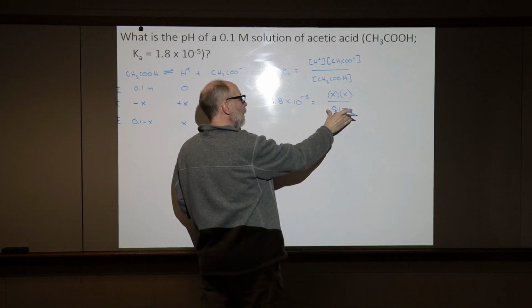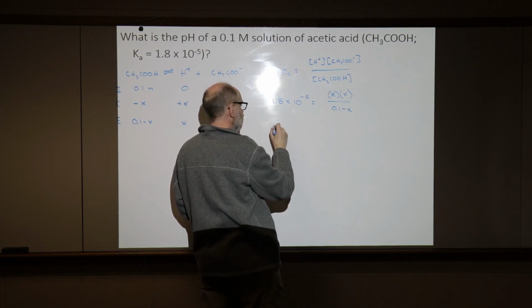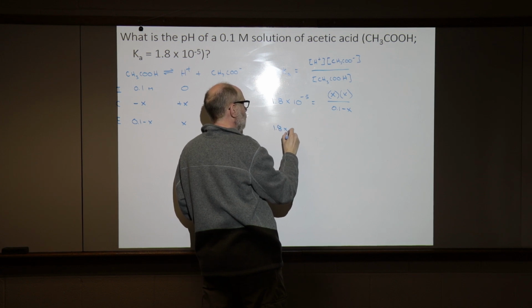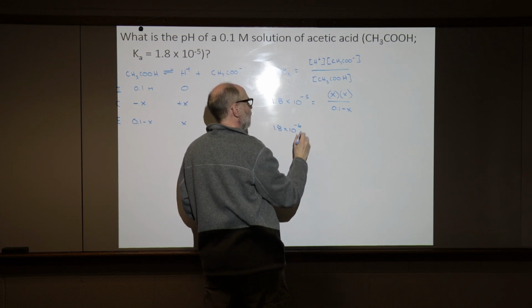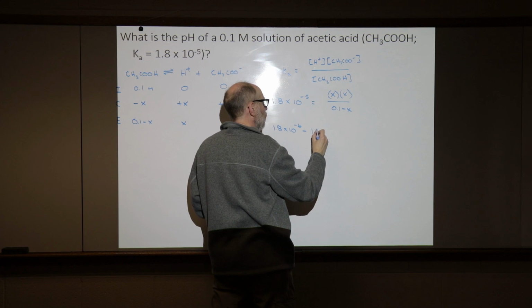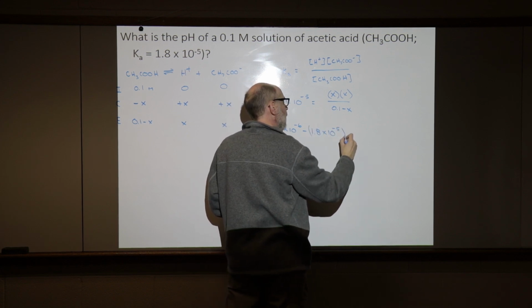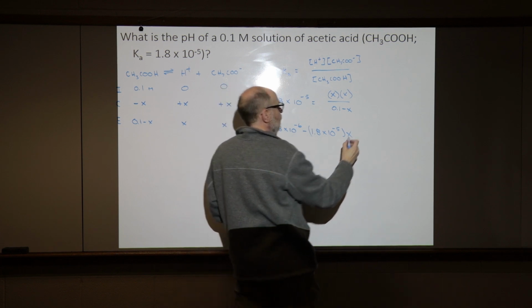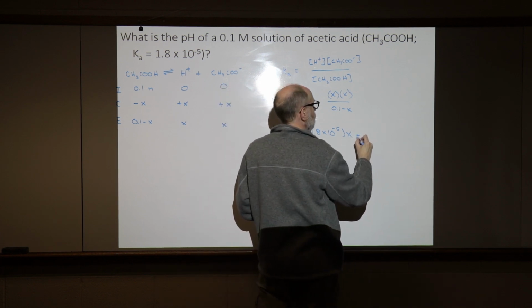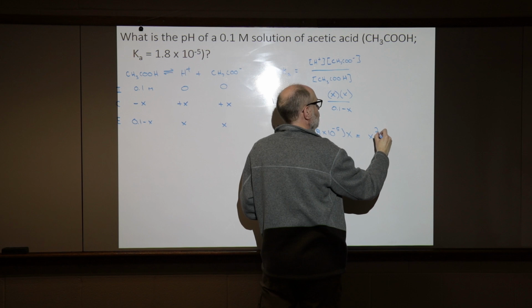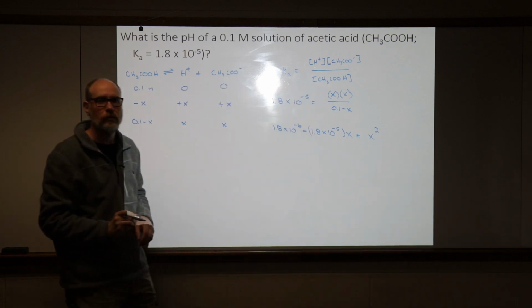Multiply both sides by 0.1 minus X. You get 1.8 times 10 to the minus 6th minus 1.8 times 10 to the minus 5th, and that's times X, and all that is equal to X squared.